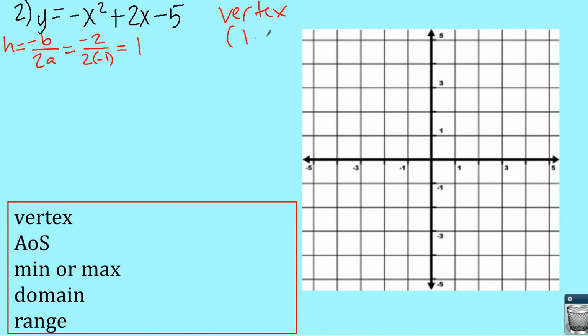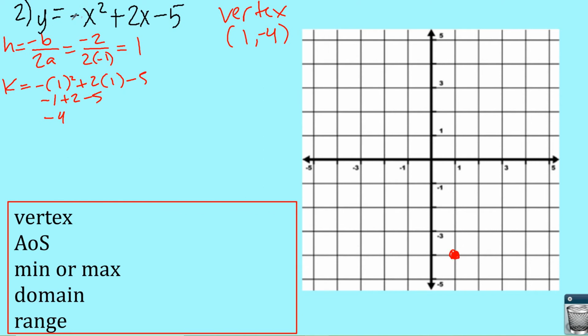So our vertex is 1 comma what? To get our k, we plug it in. So you square it, then multiply by negative, so we get negative 1 plus 2 minus 5. So we should get negative 4 for our k value. So our vertex is 1 comma negative 4.